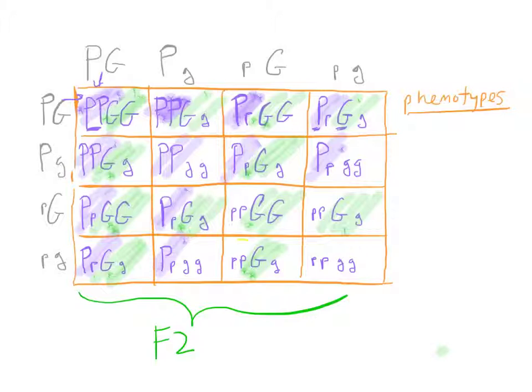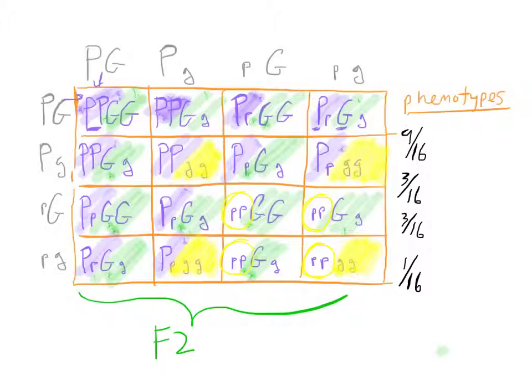Now these four have white flowers. And finally, these four have yellow seeds. Now we can look at the phenotypic ratios.